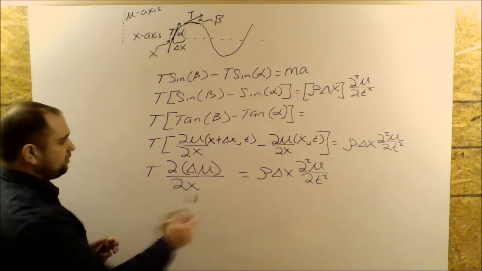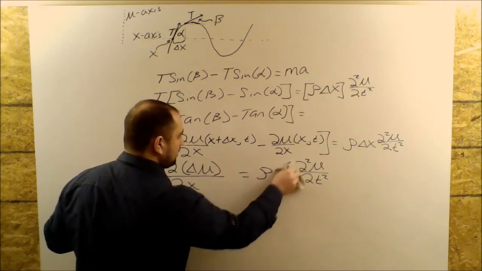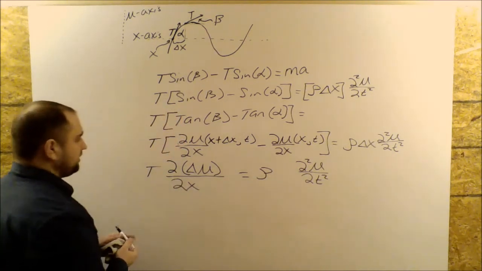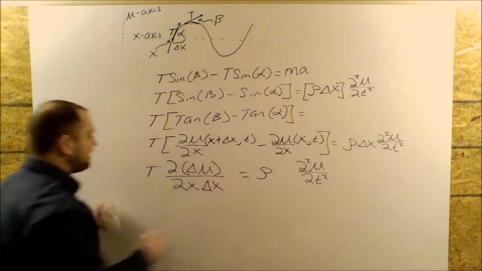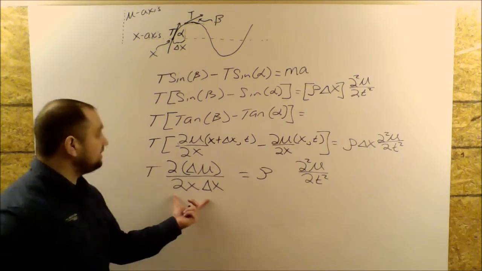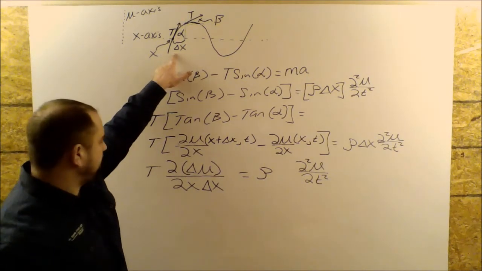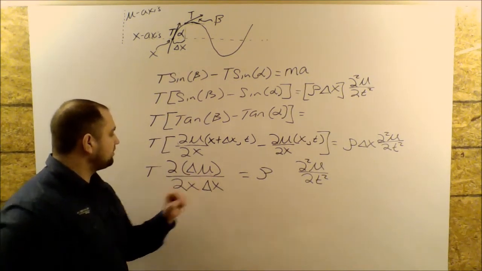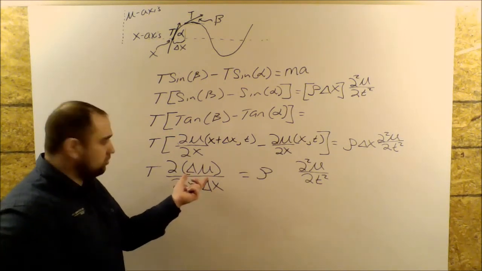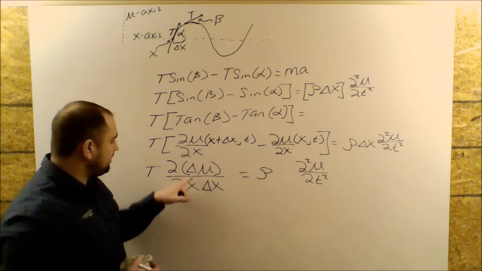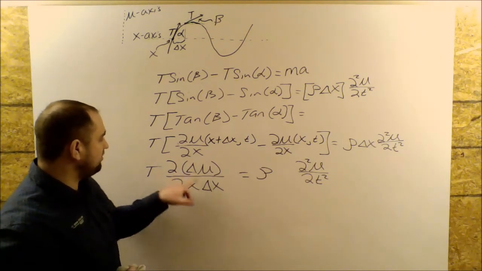Now if I divide both sides by delta x, that delta x comes down here. Now, in the limit that delta x and delta u go to 0, this becomes another partial derivative.